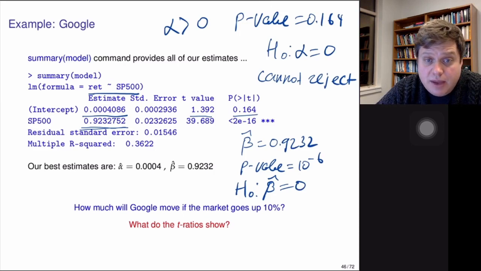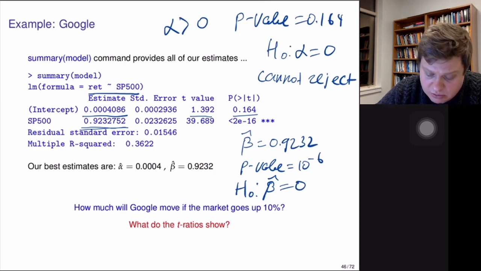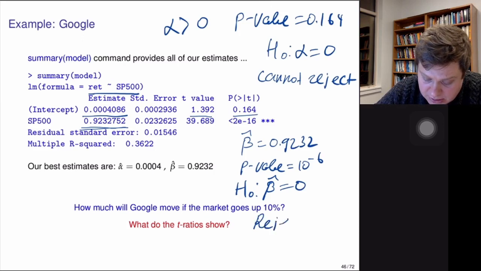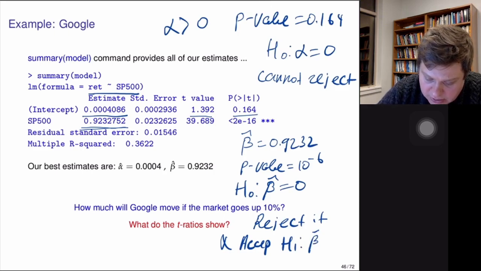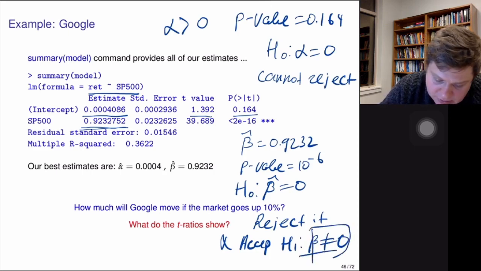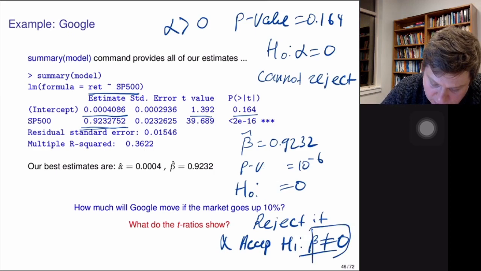So for the beta null hypothesis, whether it equals 0 or not, we have to reject it, and accept the alternative hypothesis that the true value of beta is actually not equal to 0.